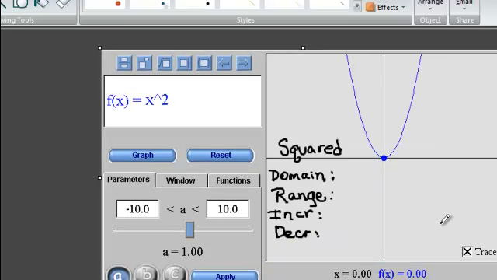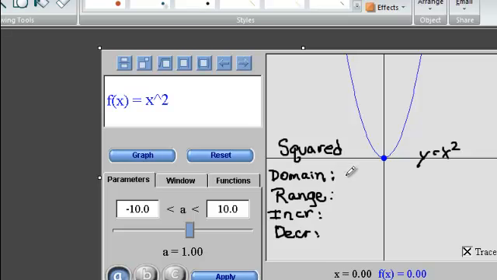Here's our squared function. Our squared function is a quadratic. It's just the most general case, y equals x squared. For the domain, we look left and right. X can be anything.